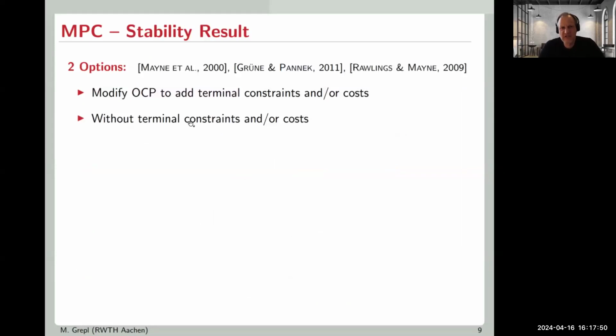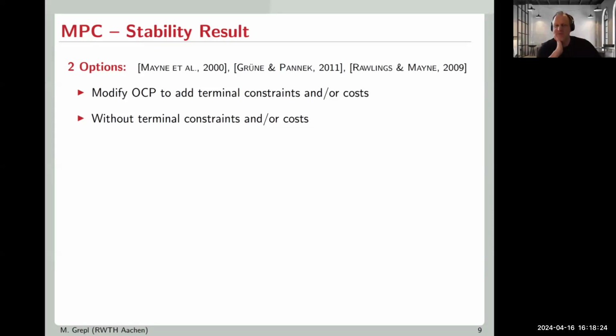If you look at the literature, there are two main options. One is to modify the optimal control problem to add terminal constraints and/or costs. By terminal constraints, we mean that, for example, you could add a constraint such that the state at the final time has to lie in a certain subset of the state space. If you require that for all of your control problems recursively, then you obtain what is called recursive feasibility.